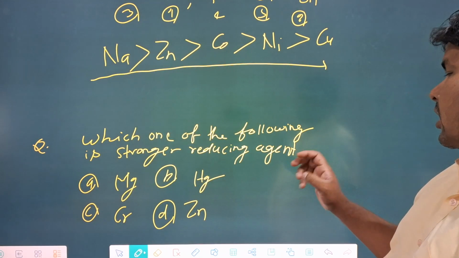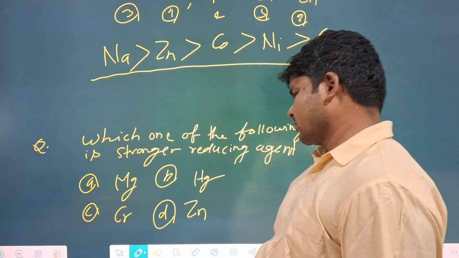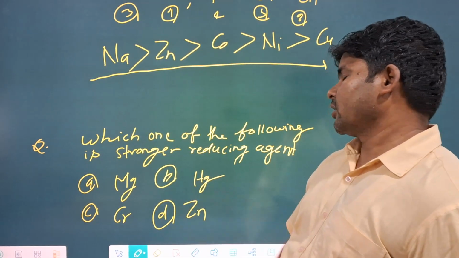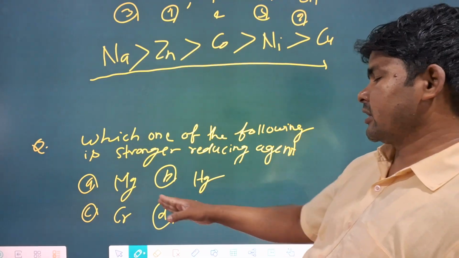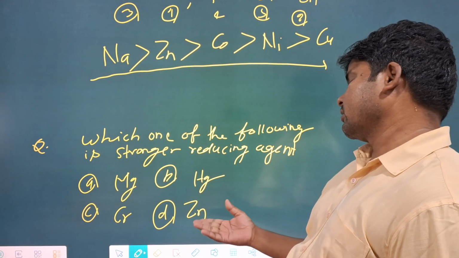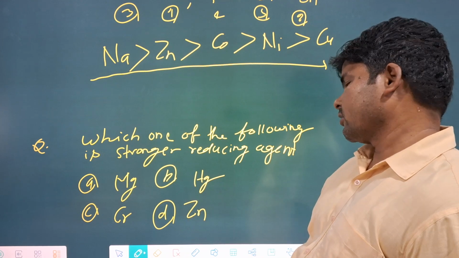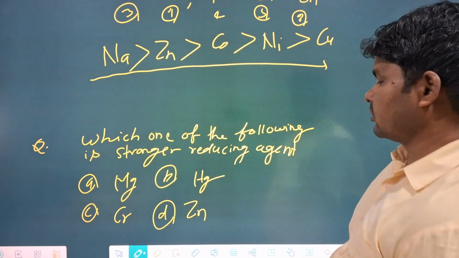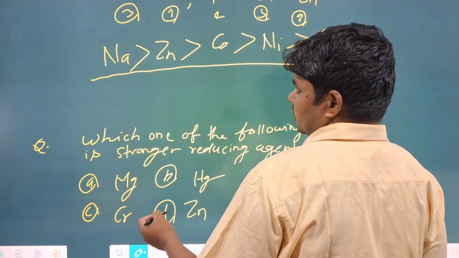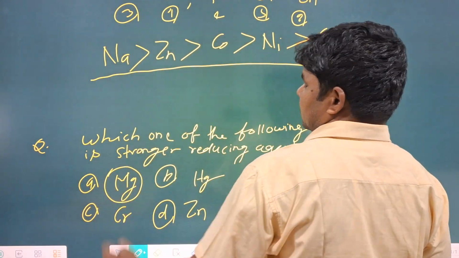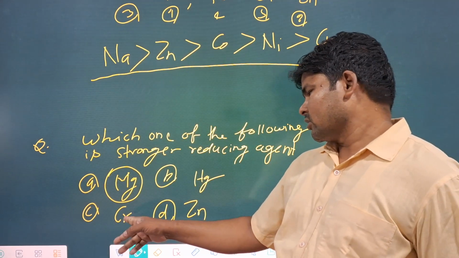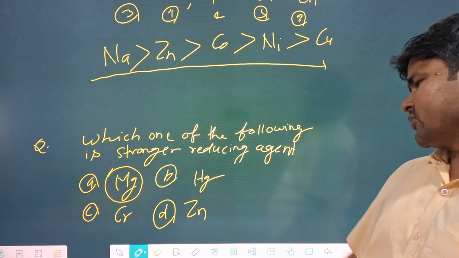If you want to get the correct answer then you need knowledge of the electrochemical series: which metal contains a highly negative value of reduction potential and which metal contains a higher value of reduction potential. In the series, magnesium contains a highly negative value of reduction potential as compared to chromium and zinc.